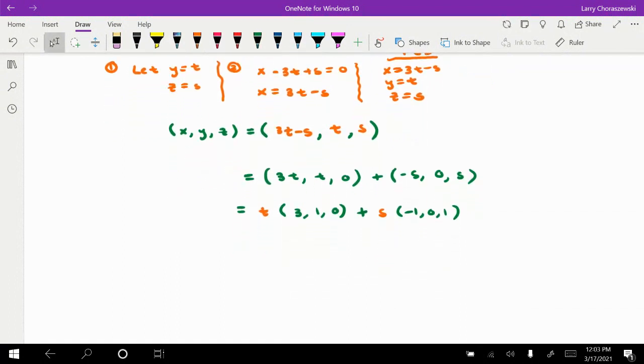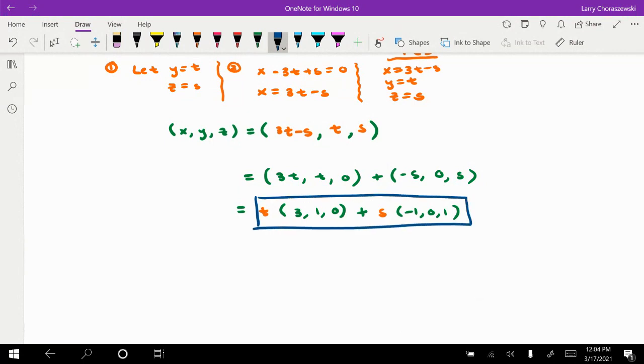So it appears as though the solution space would consist of all vectors that can be written as a linear combination of the vectors 3, 1, 0 and negative 1, 0, 1.